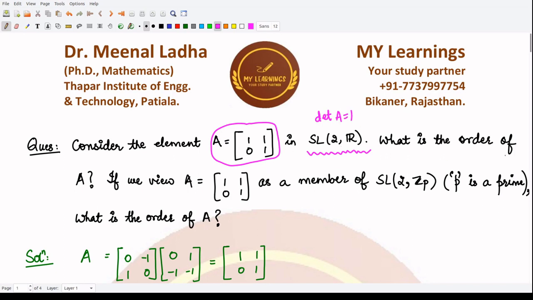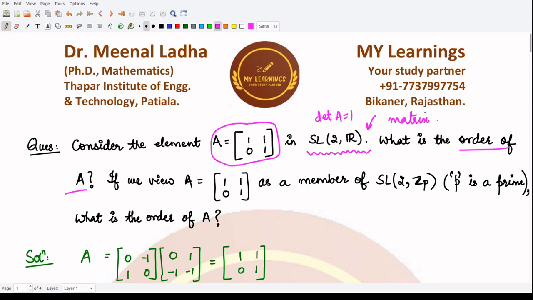Now they are asking in the first part: what is the order of this matrix A? If you remember the definition of the order of an element, here the group operation is matrix multiplication.